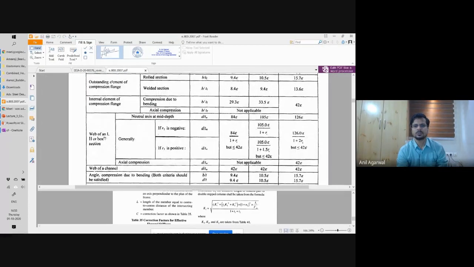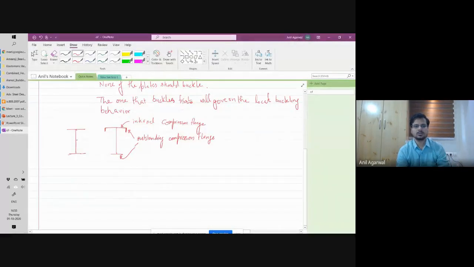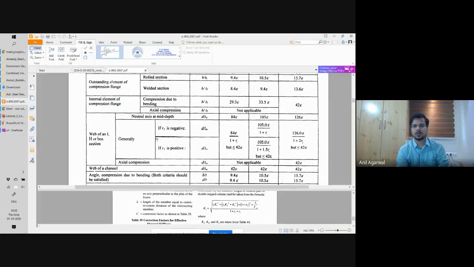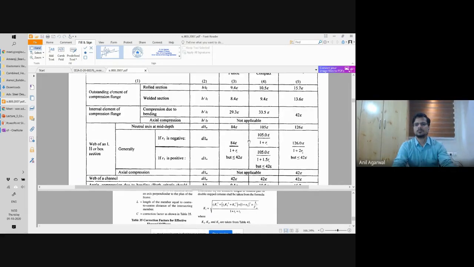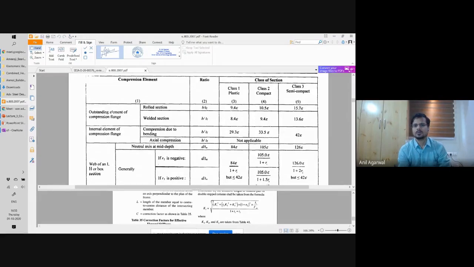Then you may have a web situation. This is the web of an I section, or you may have a box, and this is the web. So for webs of I, H or box sections under pure axial compression, which is the chapter we are on right now, it does not matter whether it is plastic or compact, Class 1 or Class 2.